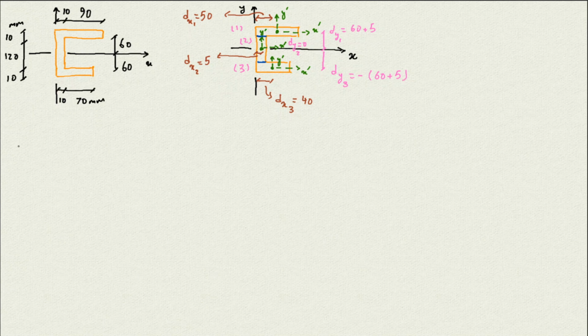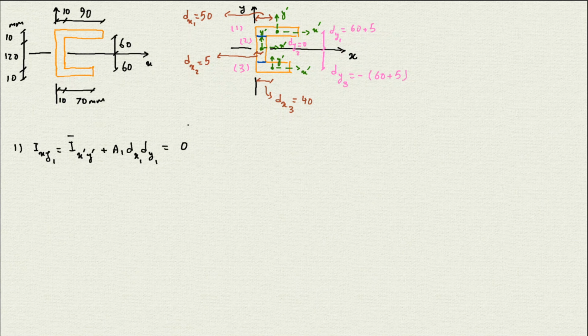For the first part, the top rectangle, we have the Ixy for the first one is the Ixy about its centroid, the axis going through its centroid, plus its area times the distance between the axes, so dx1, dy1. Because it is a rectangle, the x prime and y prime are both symmetry axes, so the product of inertia about the symmetry axis is going to be 0. And then we have the area.